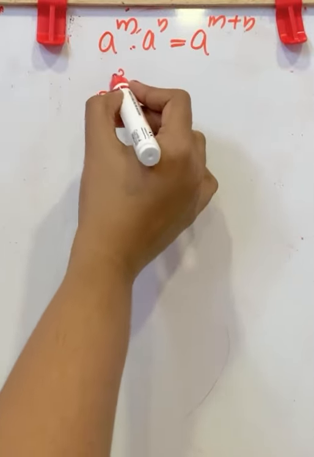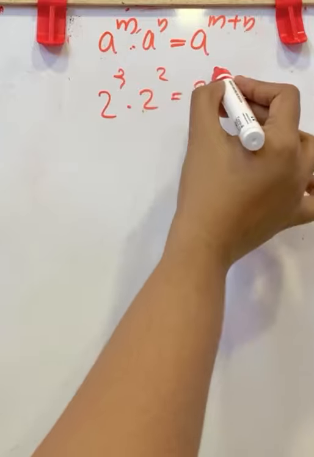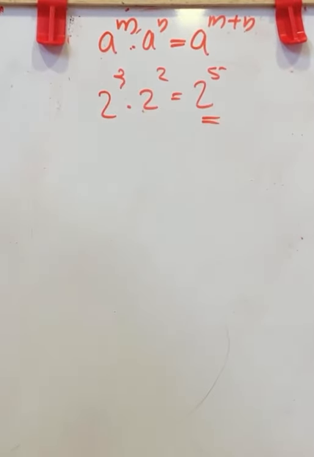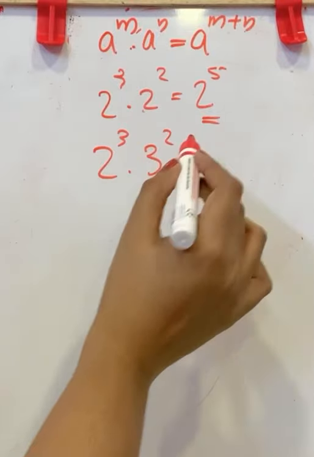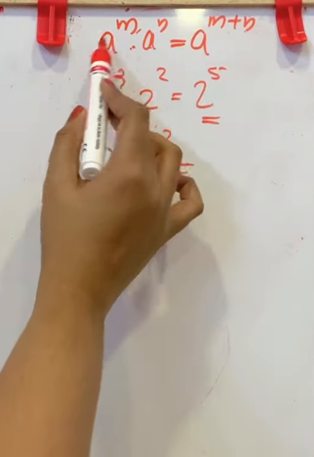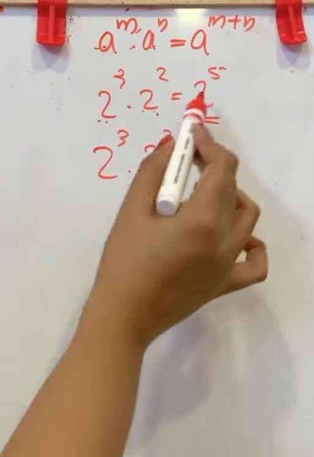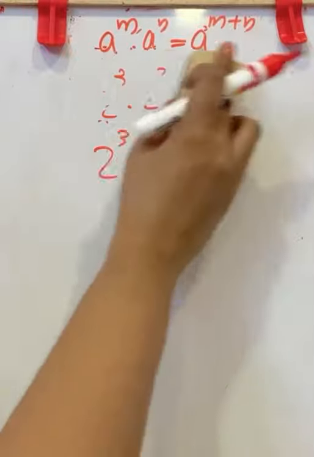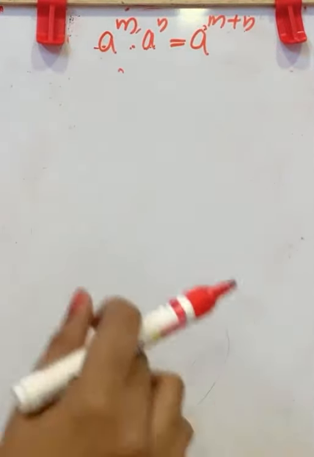That is 2 cube into 2 raised to 2 is equal to 2 raised to 3 plus 2, that is 5. If the bases are different, you can't apply this law. Only in the case of the same a, that is the same numbers. That is a raised to m into a raised to n is a raised to m plus n.